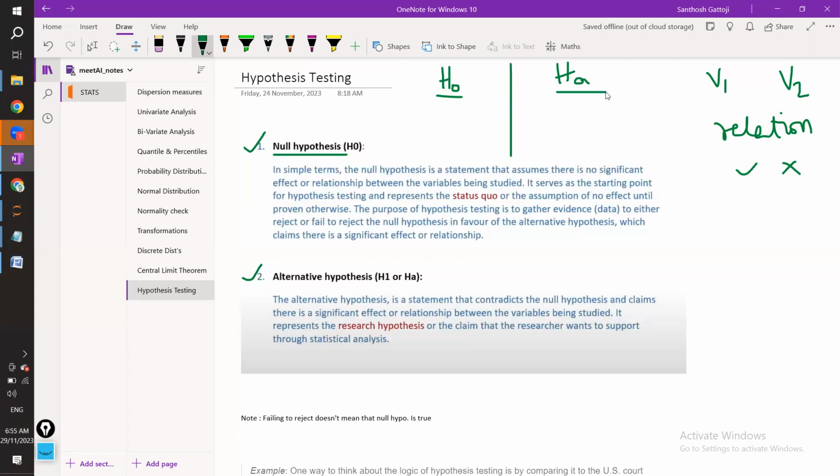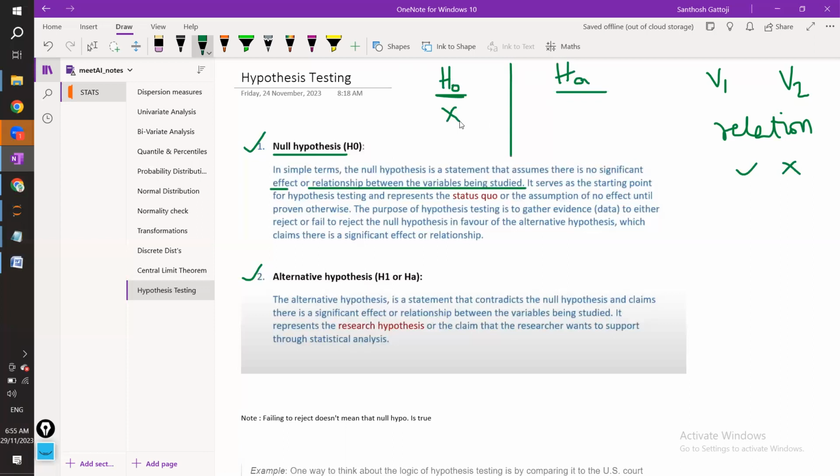Statistically, every time we will take the null hypothesis, and it's a general scenario that null will always assume there is no significant effect or relationship between the values being studied. That means it will say, hey, there is no relationship between these two variables.